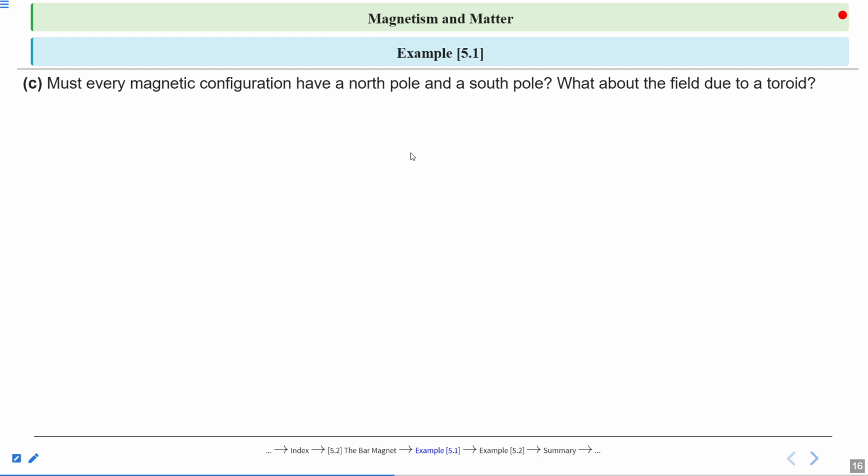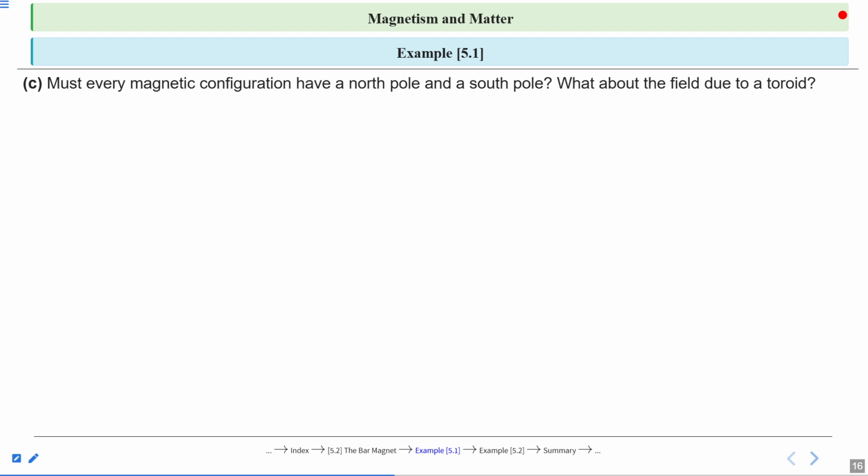Part C. Must every magnetic configuration have a north pole or a south pole? We have discussed that monopoles do not exist. But can it be that both poles do not exist? There is no north pole or south pole for a configuration. What about the field due to a toroid?